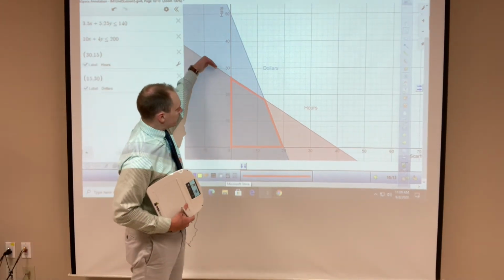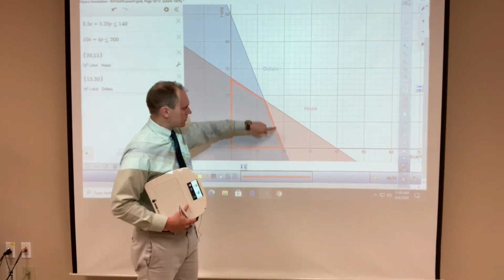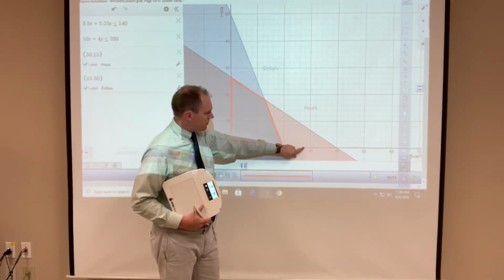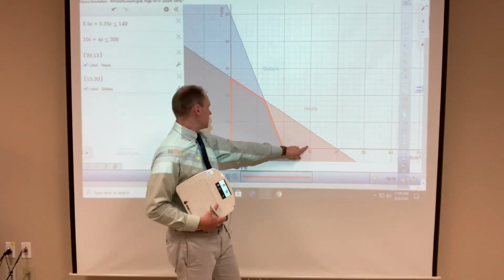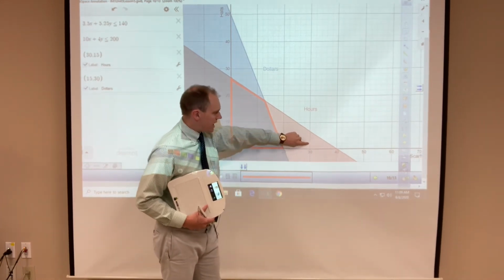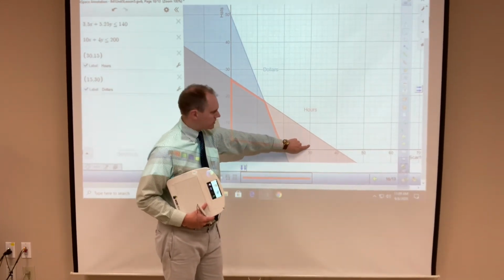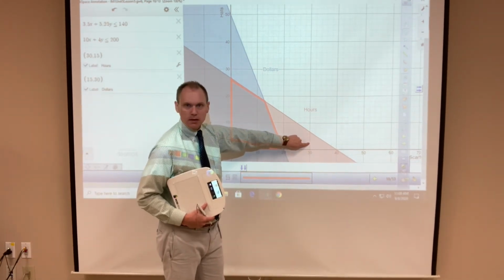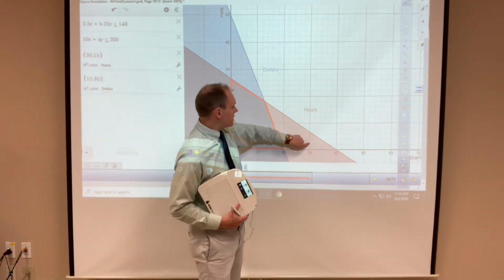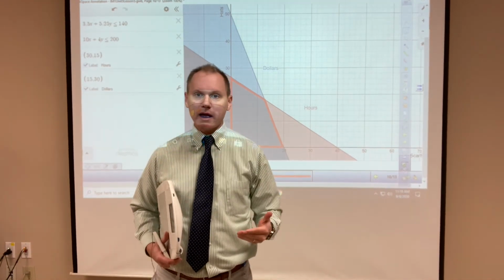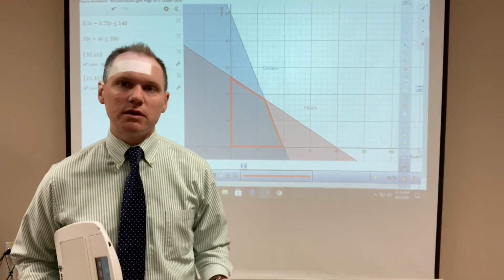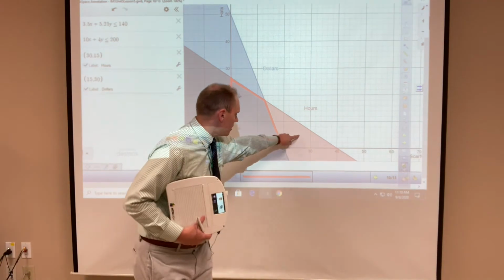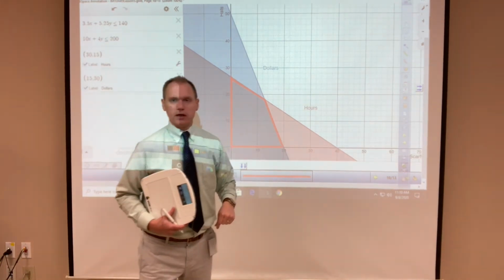Because we don't. This is our hours, right? So if we made 30 scarves and 2 hats, that'll be that point right there, because we have a scale of 2 here. So 30 scarves and 2 hats, okay? That would satisfy the hours, or I'd be okay hour-wise, but I would be spending too much money because it's above the blue in that case.